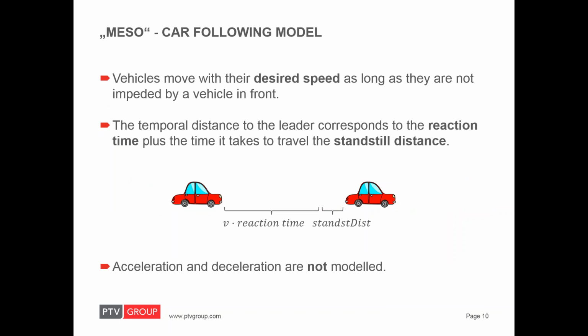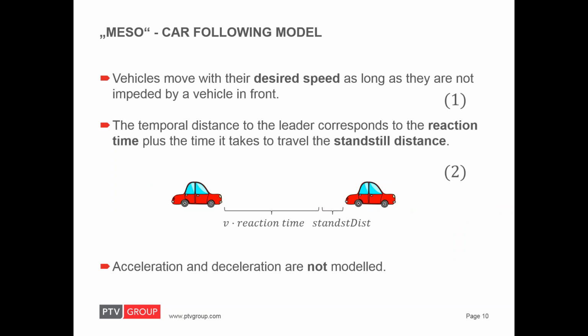The first state means that vehicles move with their desired speeds, as long as they are not impeded by a slower vehicle in front. And the second state describes the situation when there is a vehicle in front. Then the temporal distance to the leader corresponds to the reaction time, plus the time it takes to travel the standstill distance. Note that acceleration and deceleration are not modeled.